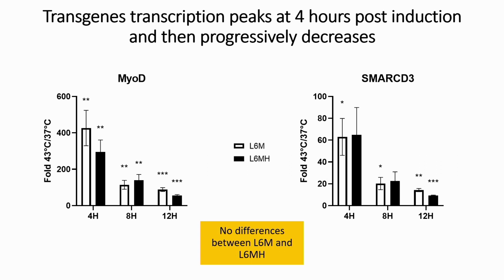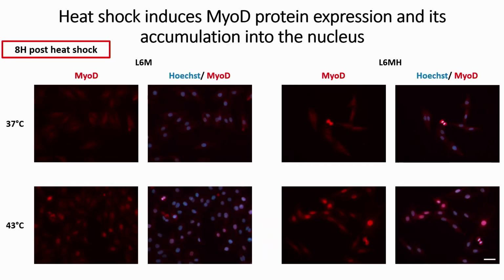Therefore, we went to investigate the protein levels, and we performed an immunofluorescence for MyoD after 8 hours of induction. And we saw that at 37 degrees, we have a very low signal for MyoD, while upon the heat shock, we saw for L6M cells an increase in the signal and an accumulation of MyoD signal in the nuclei.